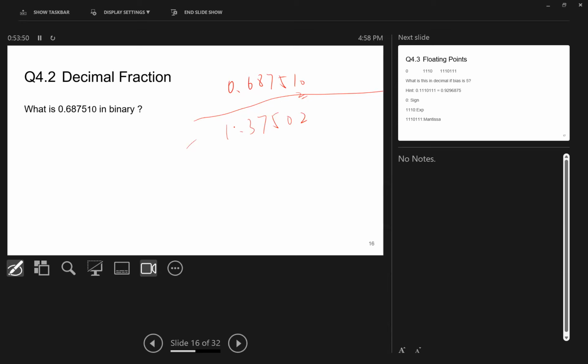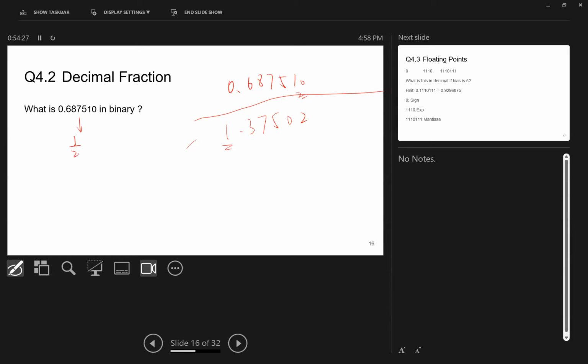Since we have a 1 in the integer part, it means that we are going to have 1/2 in our binary notation, right? Is it clear? Because the multiplication result has an integer 1 here.